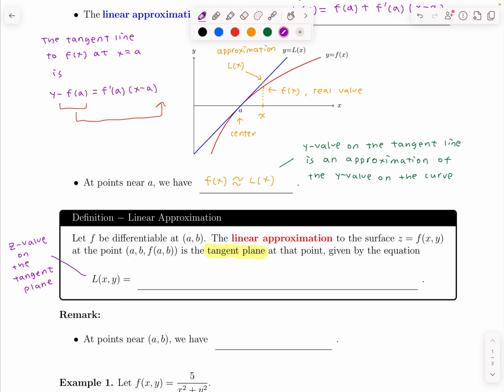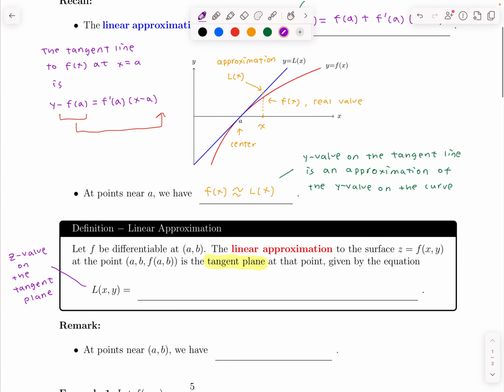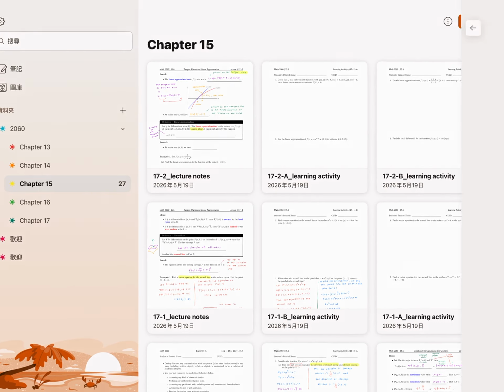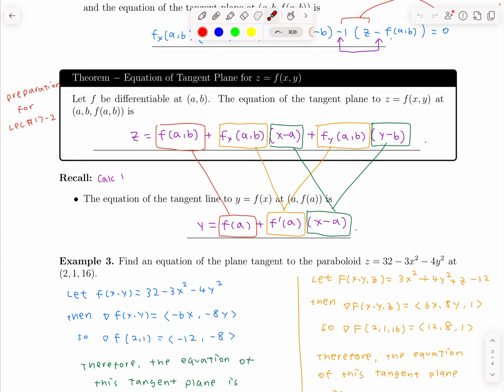And we learned how to find the tangent plane in our previous lecture note, and we say that there are two different approaches. The second approach is a preparation for this lecture. So let's take a look at this really quickly. If you take a look at 17-1, right here you can see that the equation of the tangent plane, our z is f of a comma b plus f sub x of a comma b times x minus a plus f sub y of a comma b times y minus b.